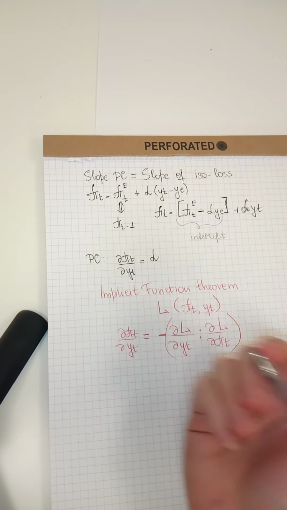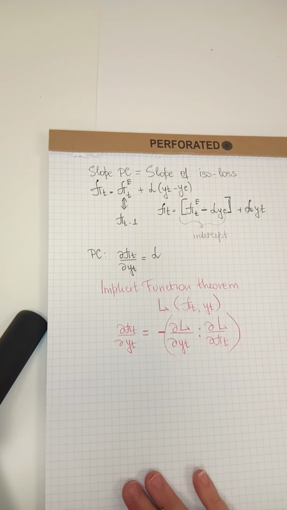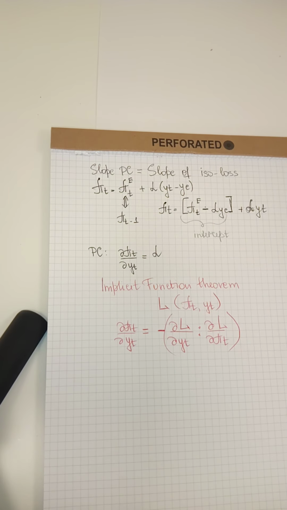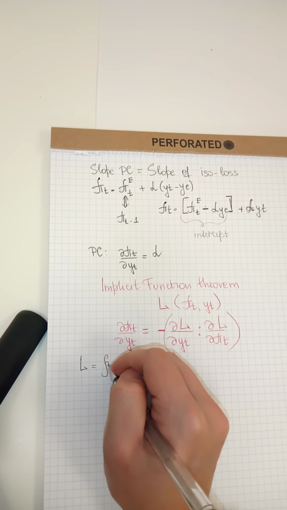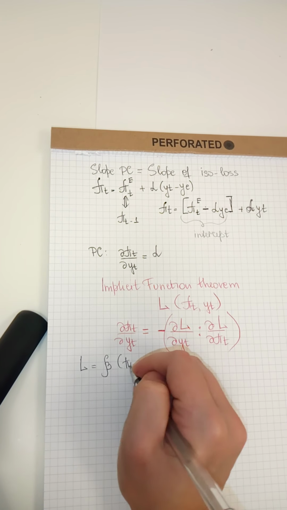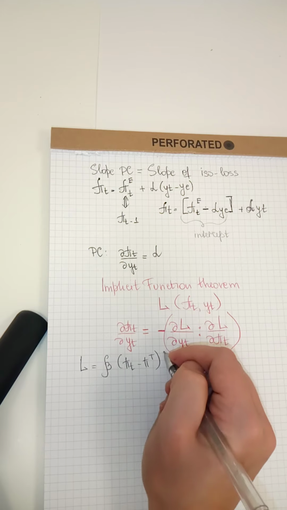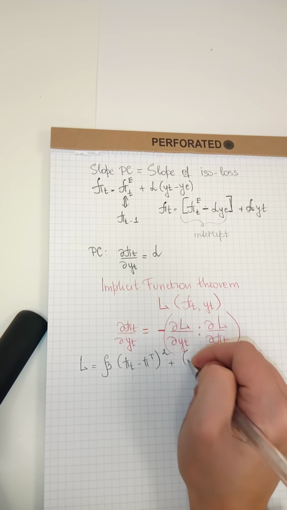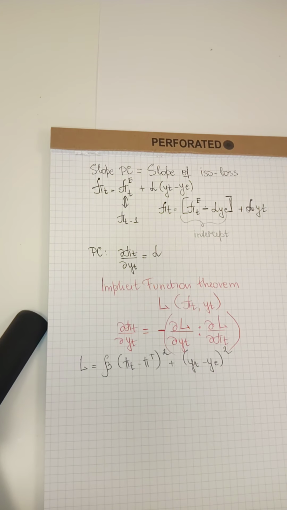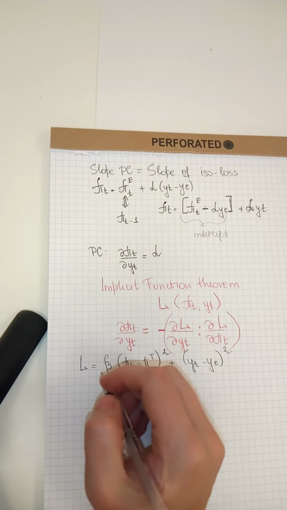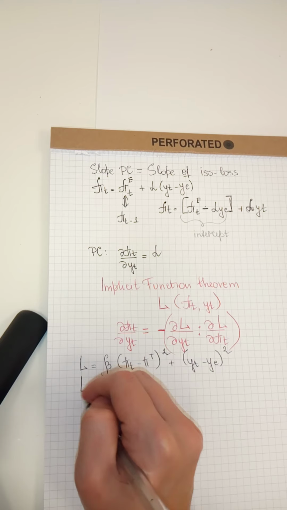Okay, is it still visible? Yeah, it's still visible. Good. So as you remember, L was represented by beta times pi t minus pi tau squared plus yt minus ye squared. For the sake of simplicity, let's open the brackets. It will simplify our life a bit.